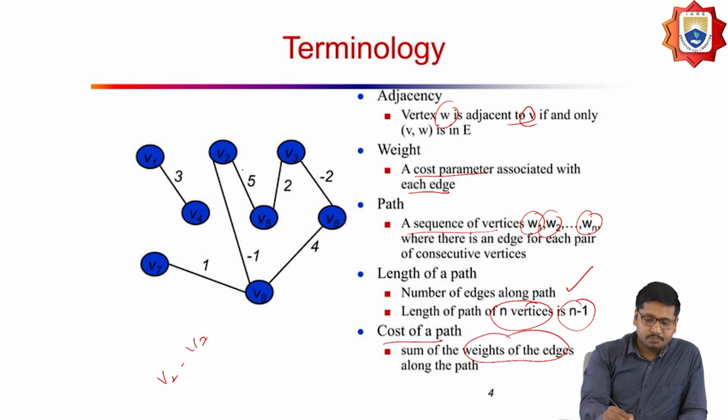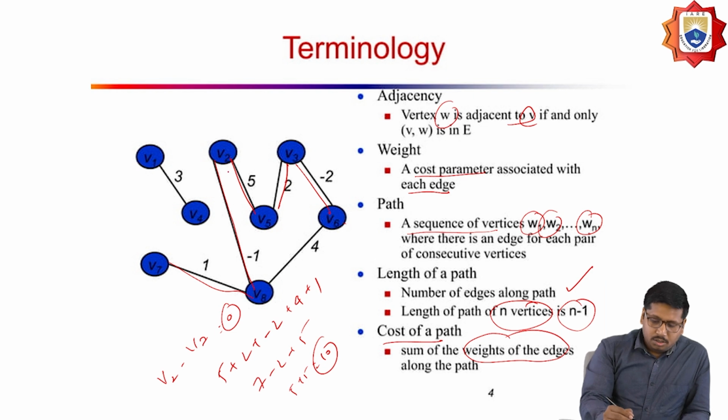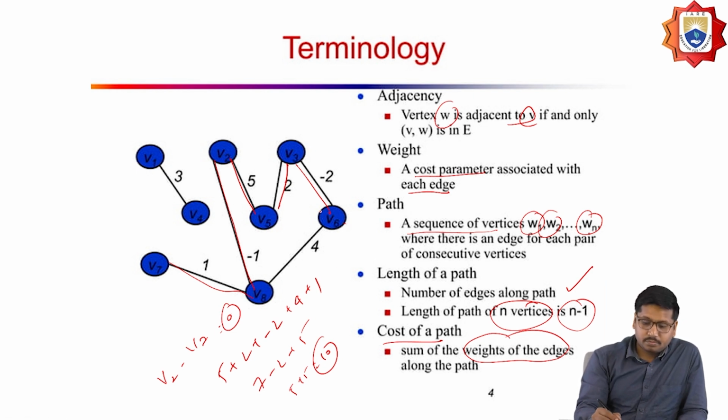So this is the path by which I can move from V2 to V3, V5, and then V5 to V7.